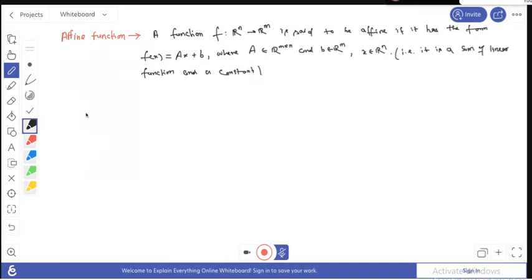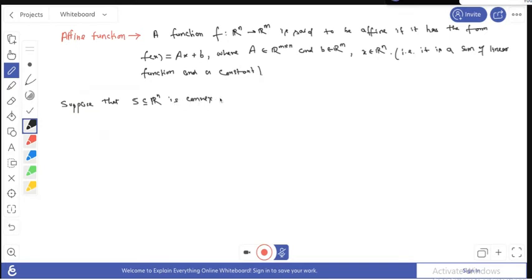Suppose we take a set S in Rn, and this set S is convex. Okay, so we assume this is a convex set.